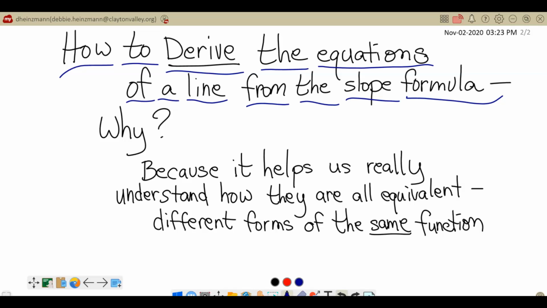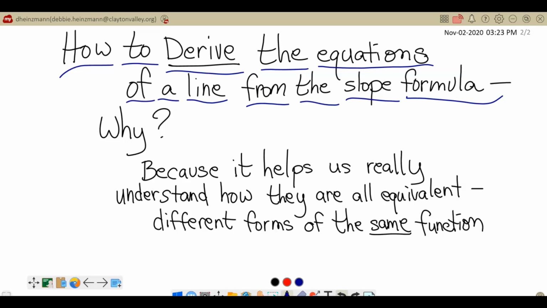So, most of the time when you learn about the equations of a line, you learn them one at a time and you learn them completely separate from each other. Well, I'm going to do things a little differently today.